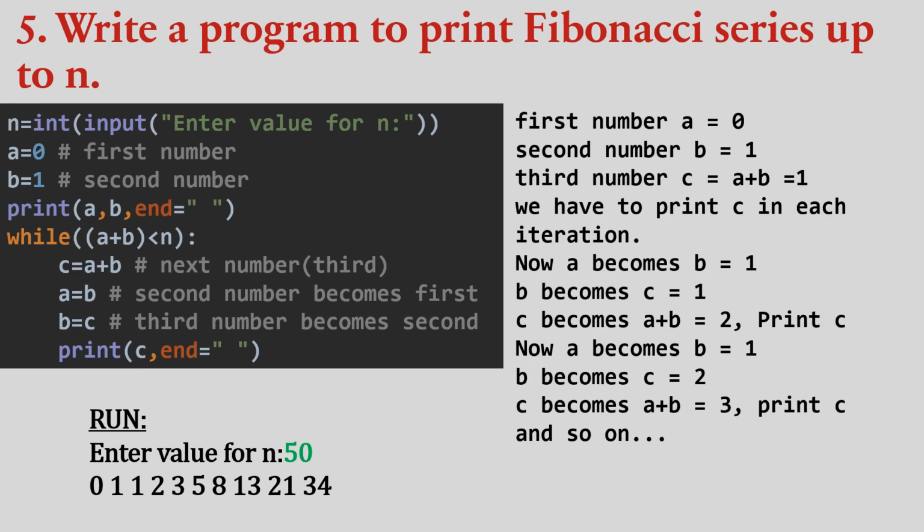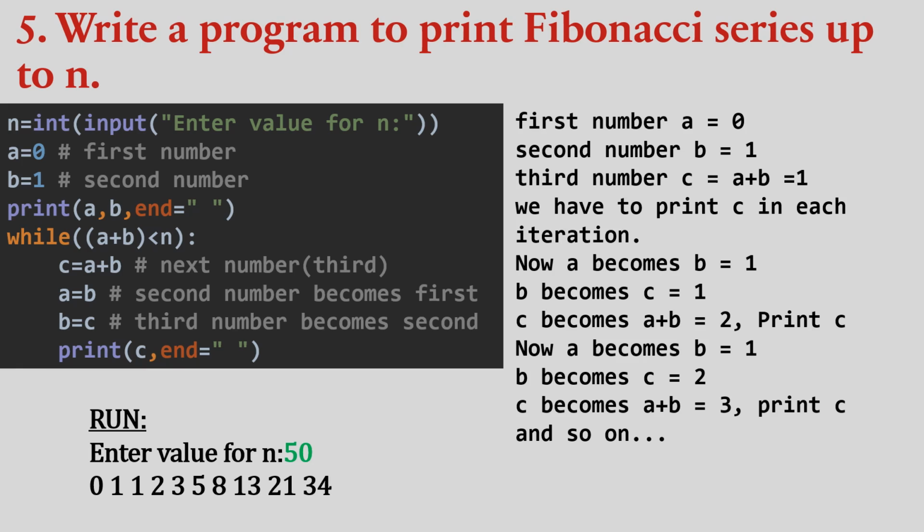Like this it will continue. As you can see, the steps are like this. The first number a is 0, second number b is equal to 1, and third number c is equal to a plus b, that is 1. Now we have to print c in each iteration. After that, a becomes b, that is a becomes 1, and b becomes c, that is b becomes 1 also, and c becomes a plus b, that is 2.